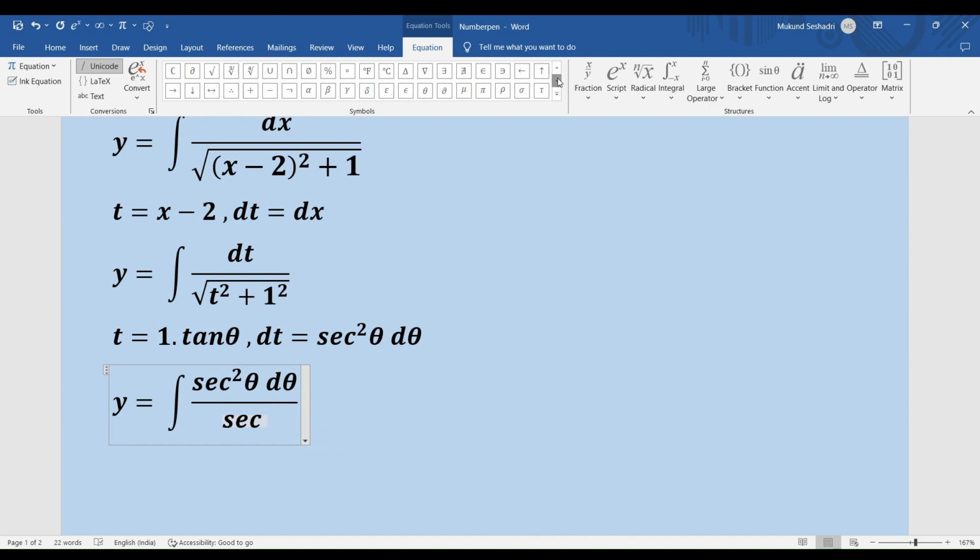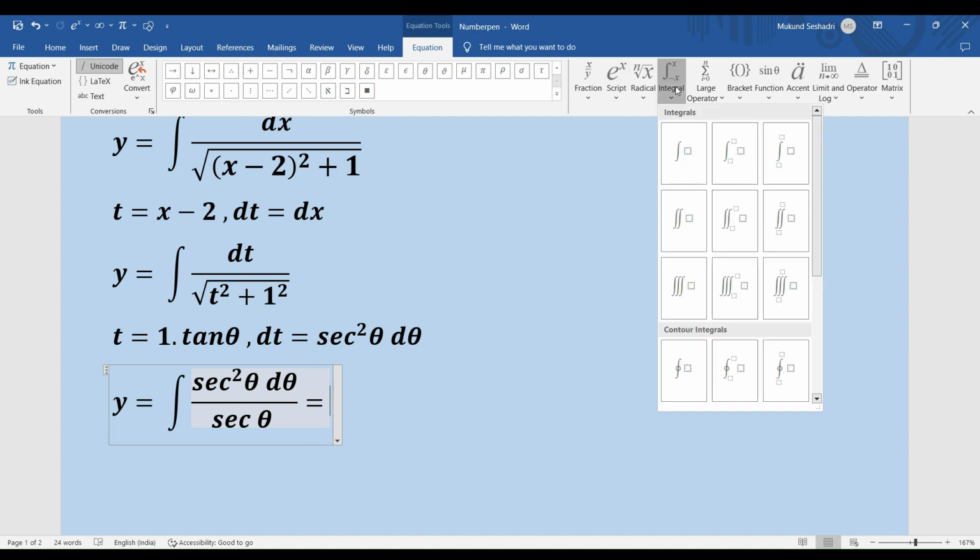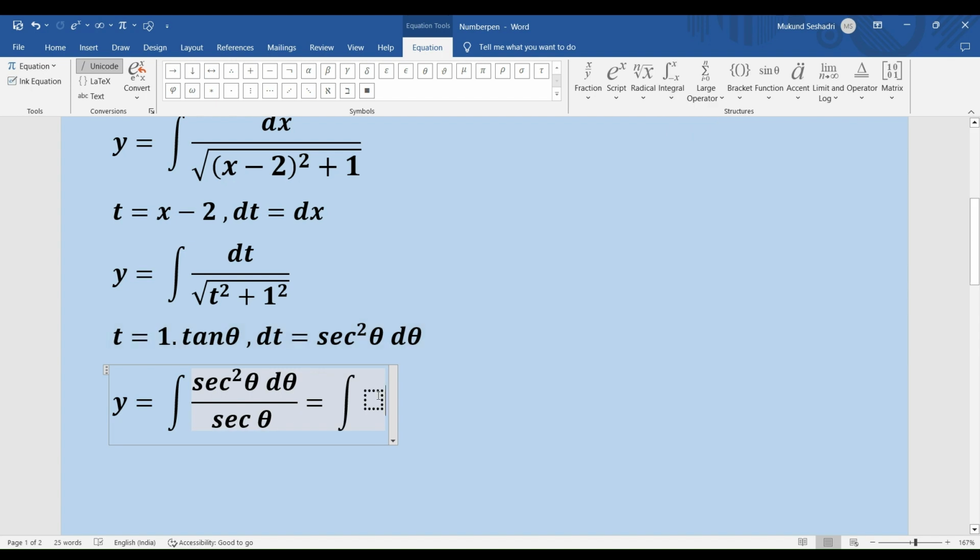I hope you folks are with me. And it's very important that you make the right substitution so that you don't get stuck in these problems, right? So what you have now is secant square theta in the numerator and secant theta in the denominator, which means I can cancel out the secant theta in the denominator and I'm left with integral of secant theta d theta, which is not very difficult and I expect you to know this by now.